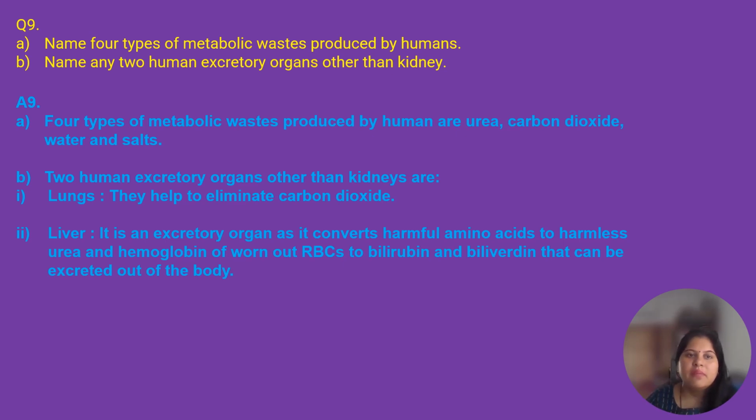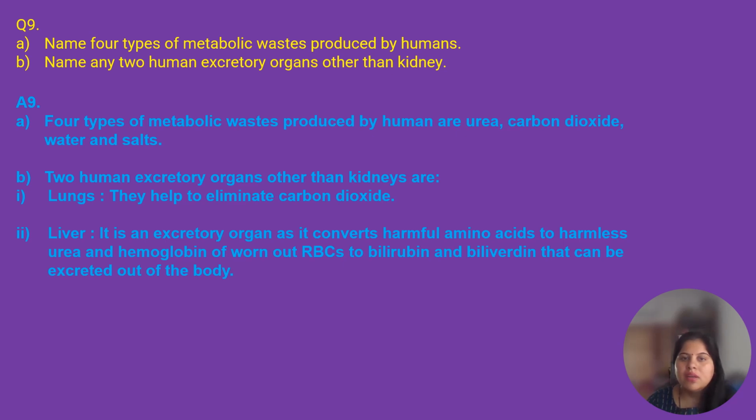Now name any two human excretory organs other than kidney. In human beings, kidney is the main excretory organ, while there are some accessory excretory organs like our skin, lungs, and liver. They are asking only for any two. So lungs: what is the function of the lungs? They help to eliminate carbon dioxide from our body.